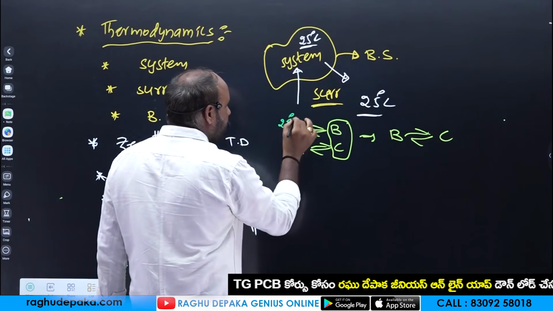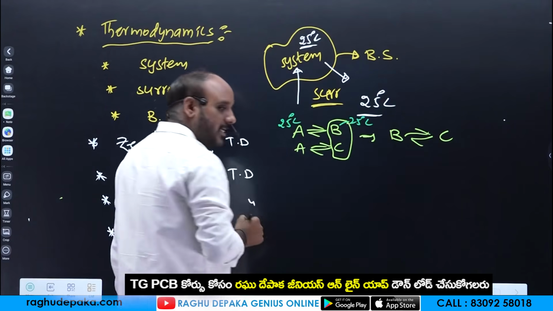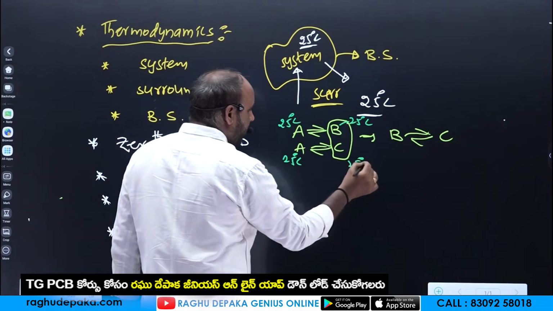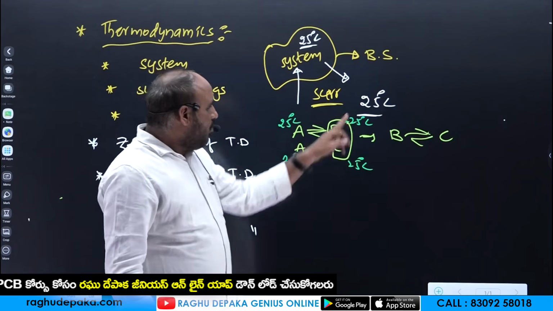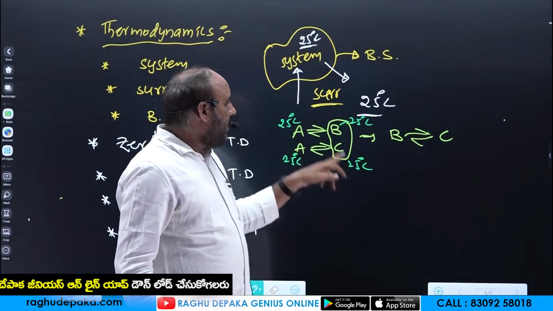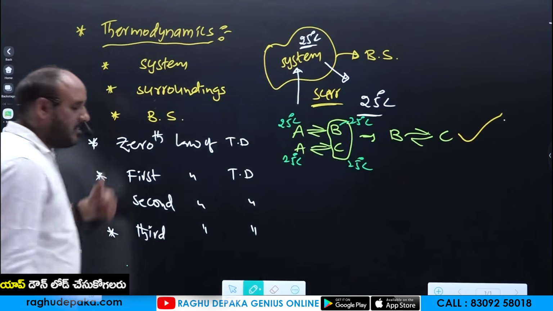For example, if A is at 25 degrees centigrade, B is also at 25 degrees centigrade, and C is also at 25 degrees centigrade. See, both B and C are at the same temperature. Hence B and C are also in thermal equilibrium with each other. This is the zeroth law of thermodynamics.